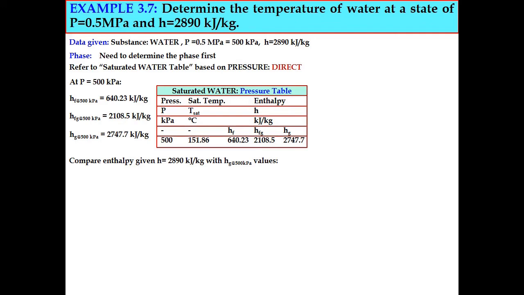From the values given, especially for Hg, we can see that the enthalpy value given, 2890, is greater than the Hg value of 2747.7 kilojoule per kg. So the phase or region involved for the state given is the superheated water vapor.